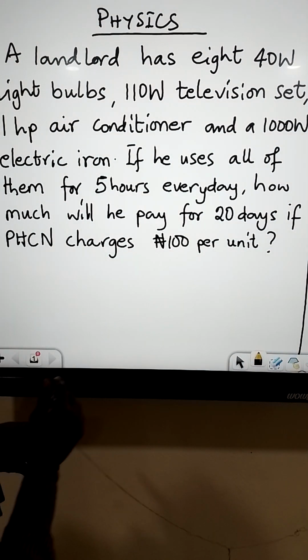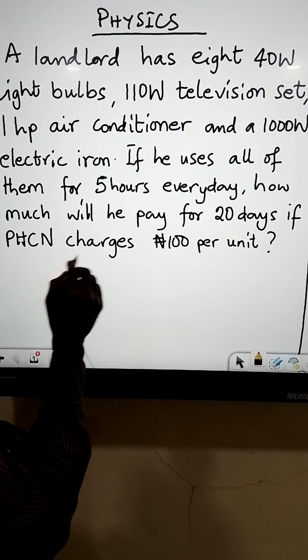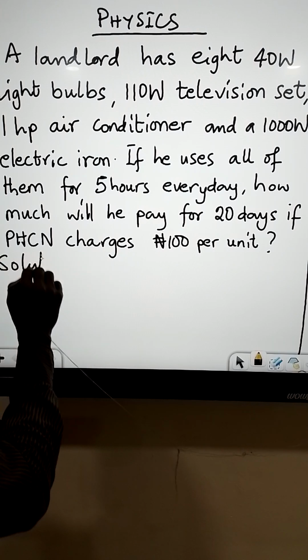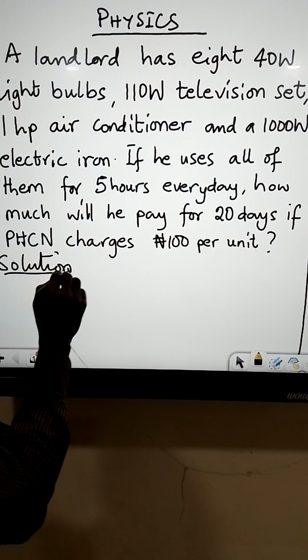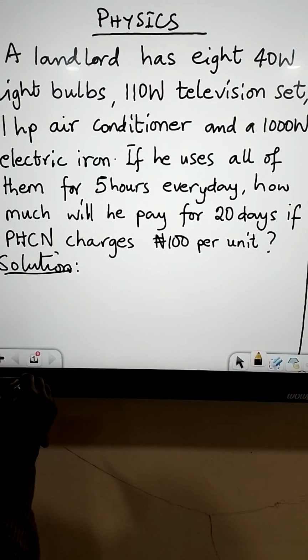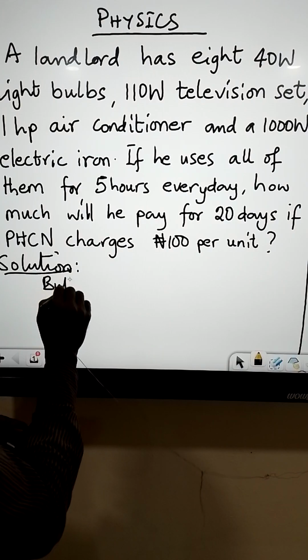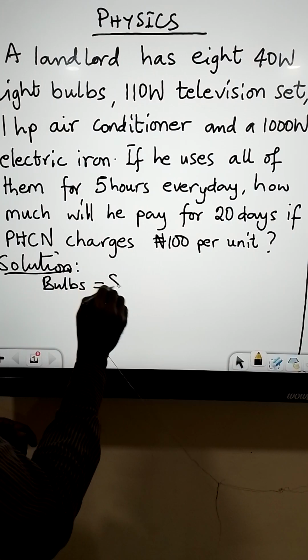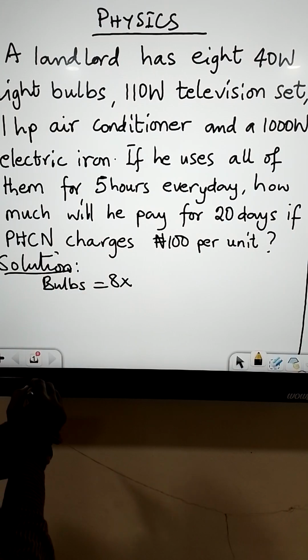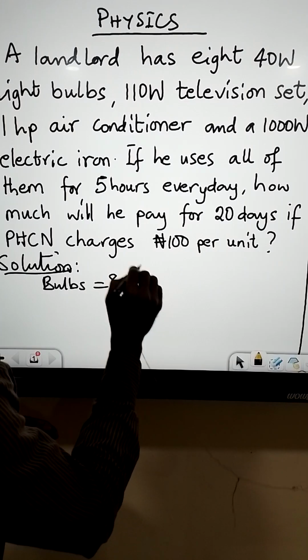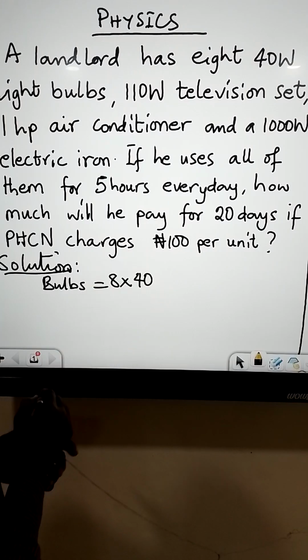What do we have? Let's look at it. The light bulbs. Okay, by solution. Now we have the bulbs. They are 8 in number, and we multiply by the power rating on each of them, which is what? 40 watts.